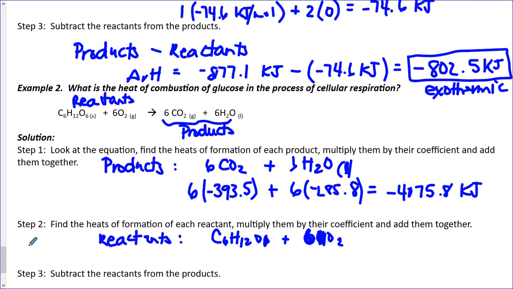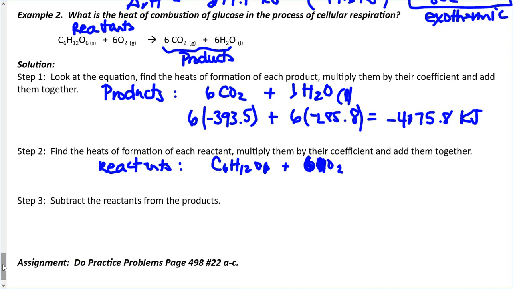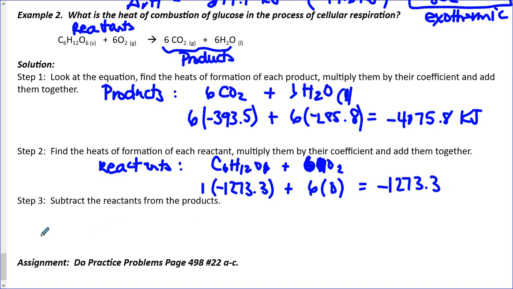So for the heat of our reactants, we just have one glucose, balanced with a 1, negative 1273.3. Plus 6 times oxygen. Again, oxygen's an element, so it has a standard heat of formation of 0. And so to find our heat of reaction of the combustion of glucose, we take our products, subtract our reactants.